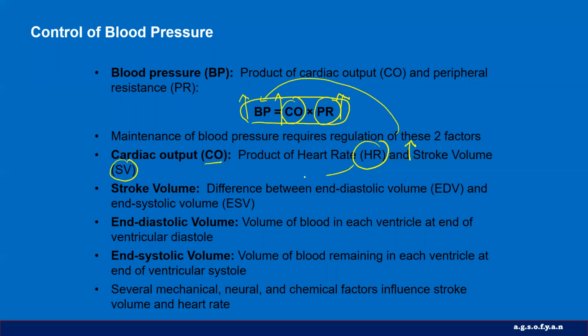If the heart rate increases, then the blood pressure will also increase. So during exercise, for example, our heart rate increases, our stroke volume increases. Then when you measure the blood pressure right after exercise, it will give a higher number compared to during relaxation.